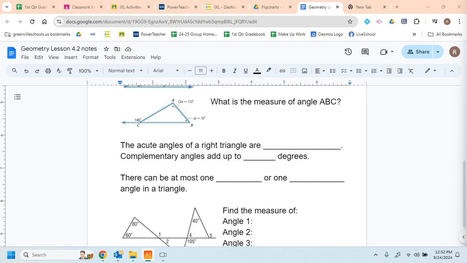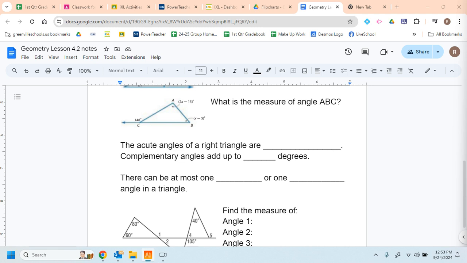The next thing is that we look at 105 here. So 105 tells us that we can find the measure of angle 4 because they're adjacent. So that's 180 minus 105, which is 75.